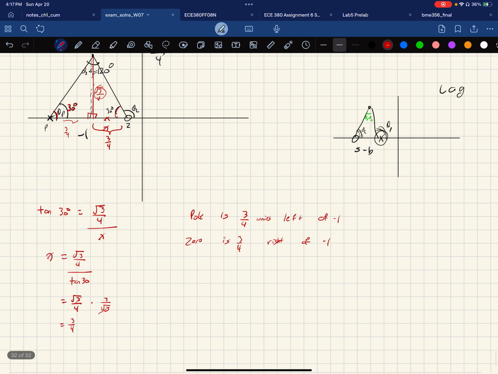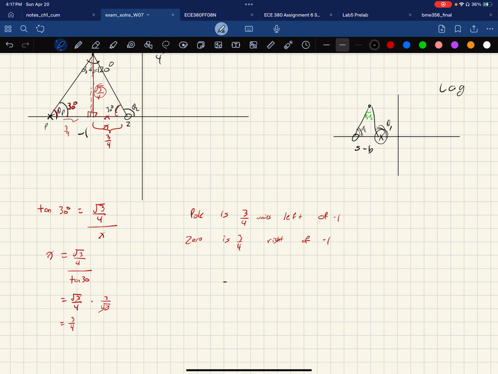So the pole is at -1 minus 3/4, and the zero is at -1 plus 3/4, which means the zero is at -1/4 and the pole is at -7/4.